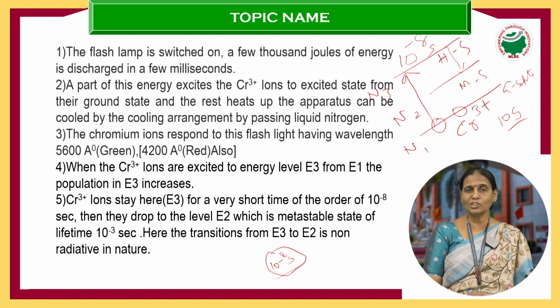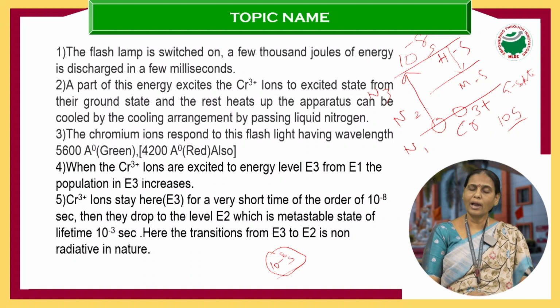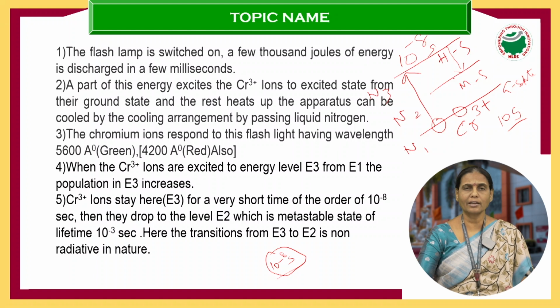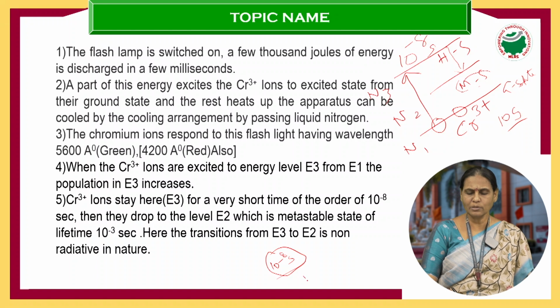Here we are not giving any energy to the higher energy state. Once their lifetime is completed, they automatically get de-excited to a lower energy state. As the chromium ions get energy and rise to the higher energy state, once their lifetime is completed, they get de-excited to the middle state, which is called the M state. The M state is called the metastable state.